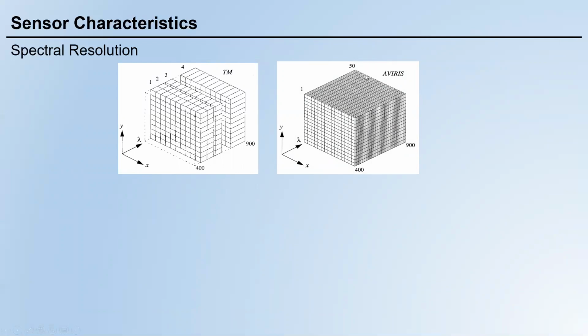There are 50 bands, and these bands are continuous in terms of the wavelengths of the electromagnetic radiation. So if we use 50 bands to capture the spectral signature, it is much better than TM, because TM can only use 4 bands to cover the same wavelength range, and there are gaps. With AVIRIS, there is no gap.